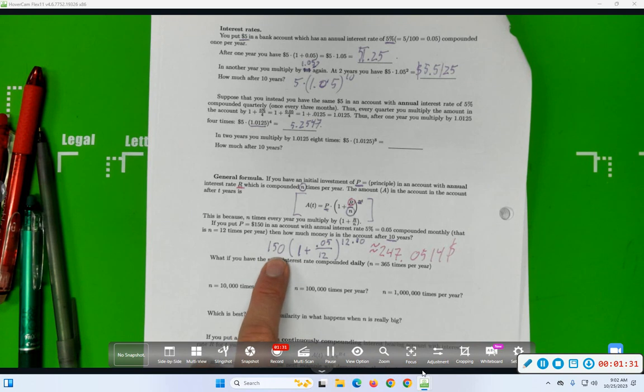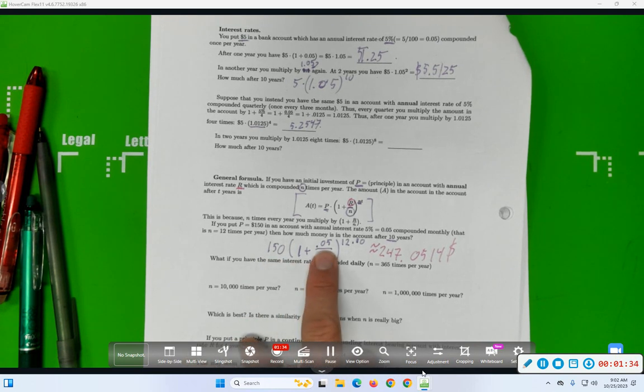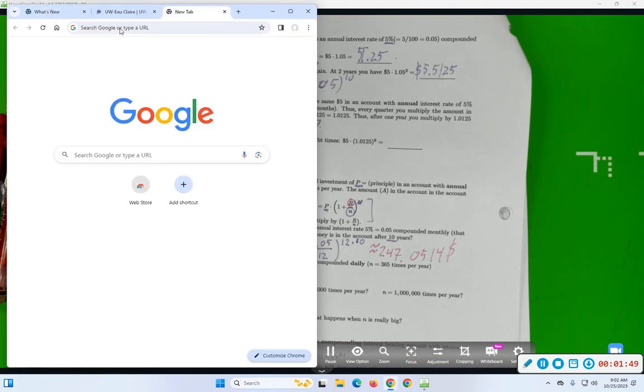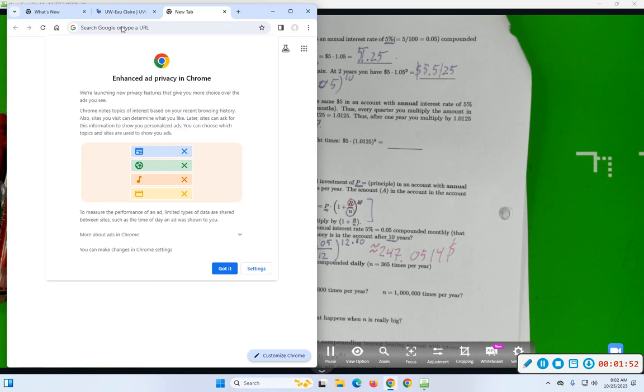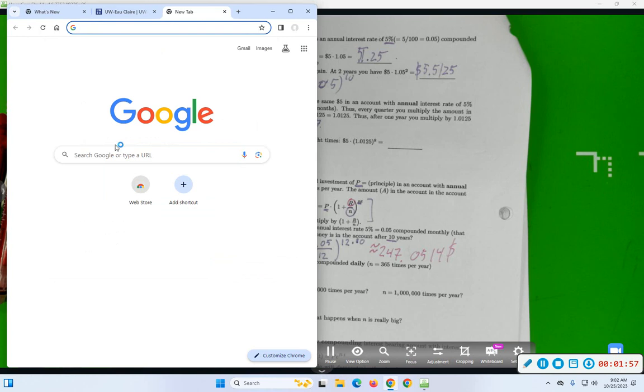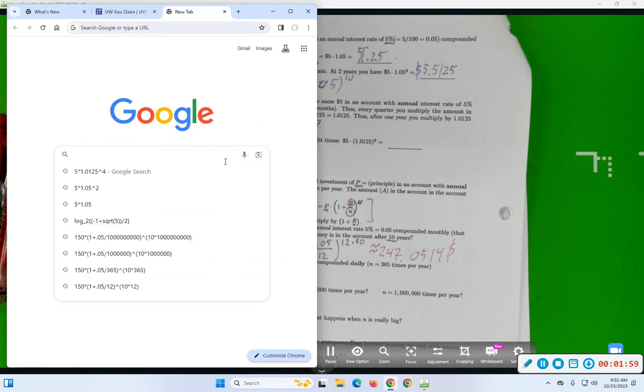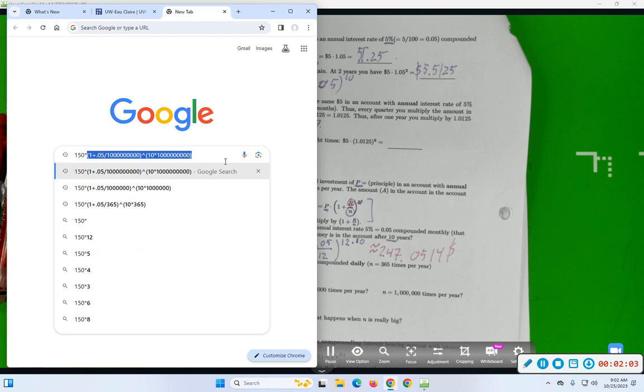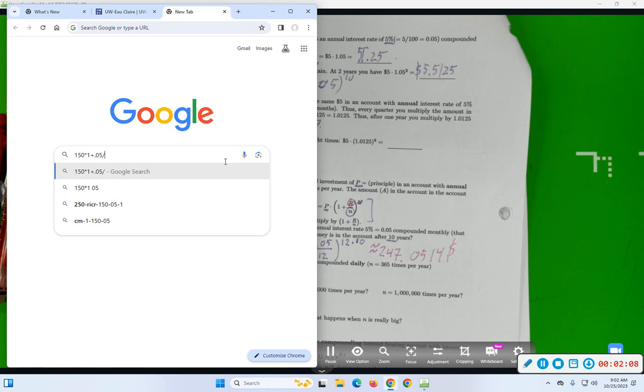If the principal is 150, the interest rate is 5%, you leave it in for t equals 10 years, and you vary how many times you compound per year, let's just see what behavior we get. So 150 is the initial principal times 1 plus 0.05, and then we divide by n.